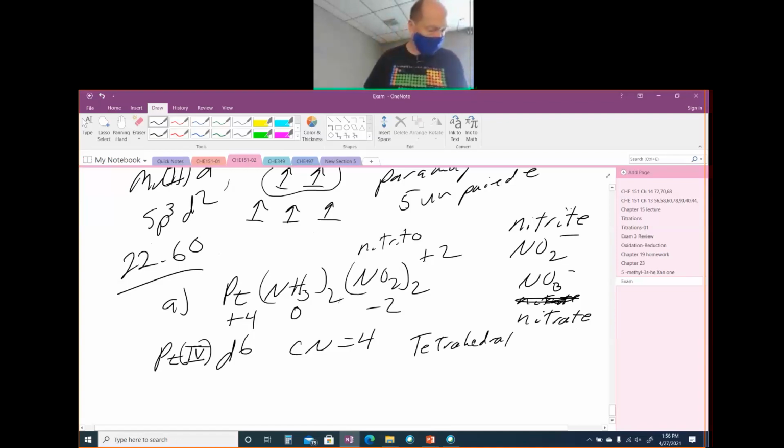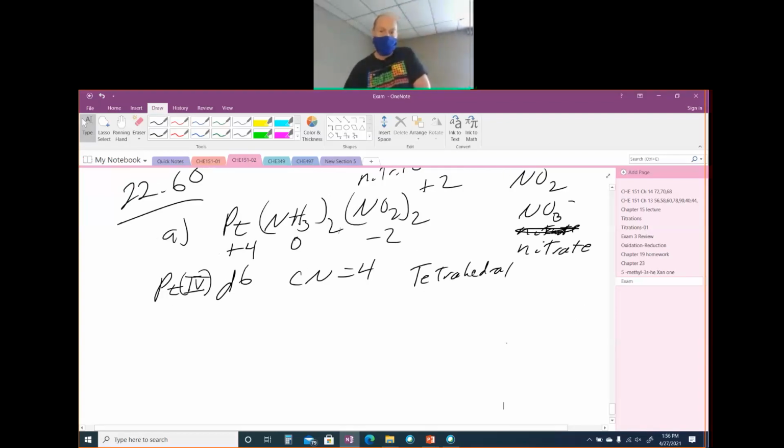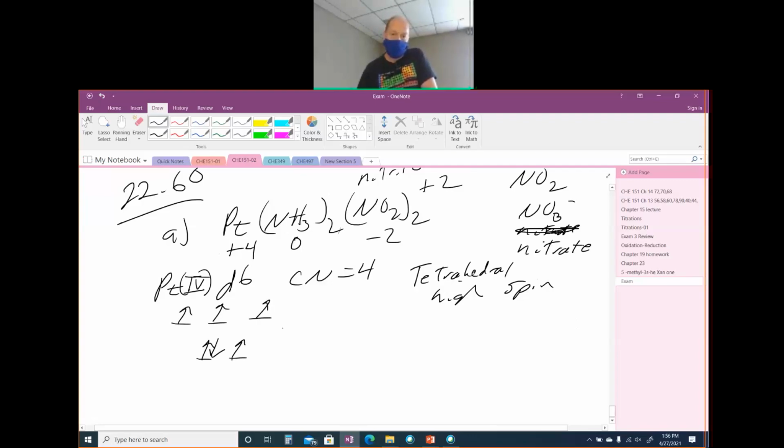They give us more information to determine. So tetrahedral, all tetrahedrals are high spin. So that is 2 on the bottom, 3 on the top, and 6: 1, 2, 3, 4, 5, and 6. So this is 4 unpaired electrons.